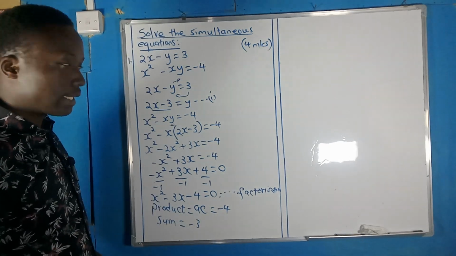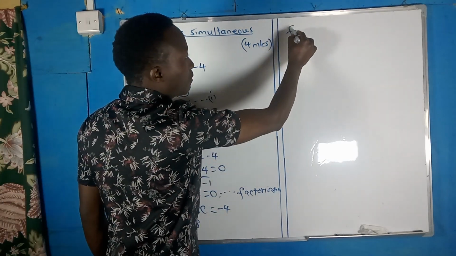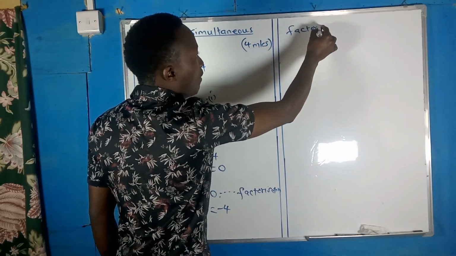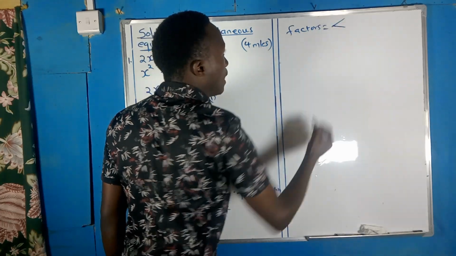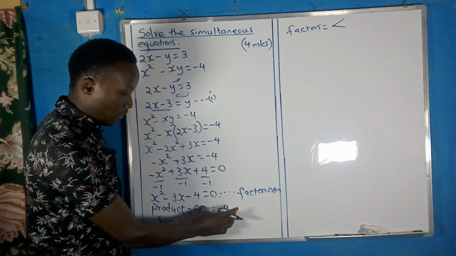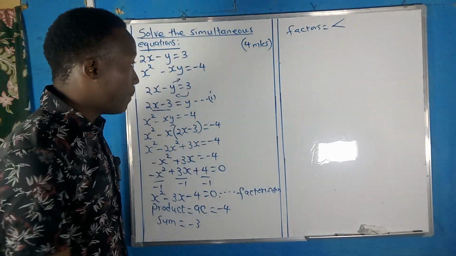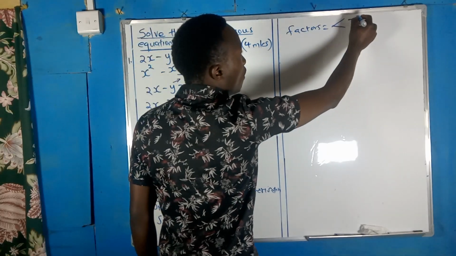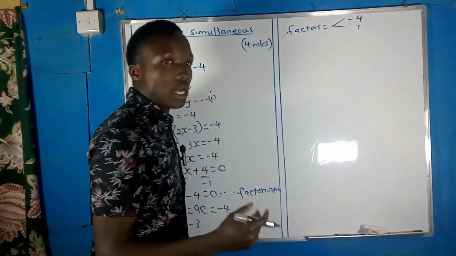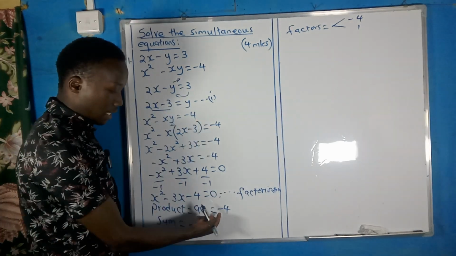After getting the product and the sum, we are supposed to find the factors, and our factors should be two numbers in which when you multiply them, you will get negative 4. When you add them, you will get negative 3. And the two numbers will be equal to negative 4 and 1. So those are the two factors. Negative 4 multiplied by 1 will give us negative 4.